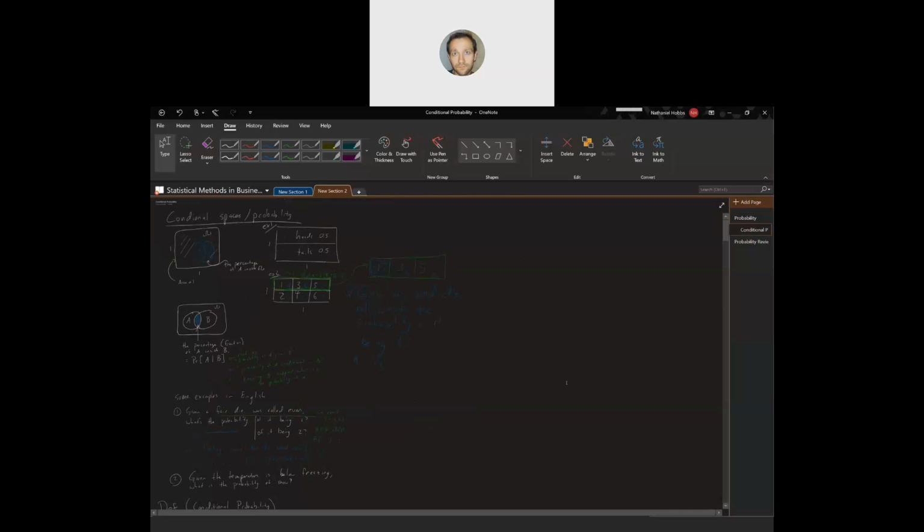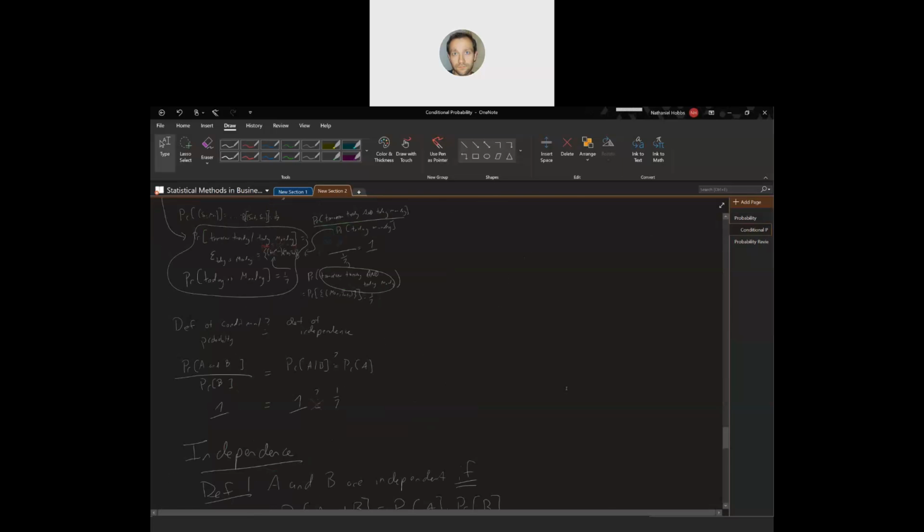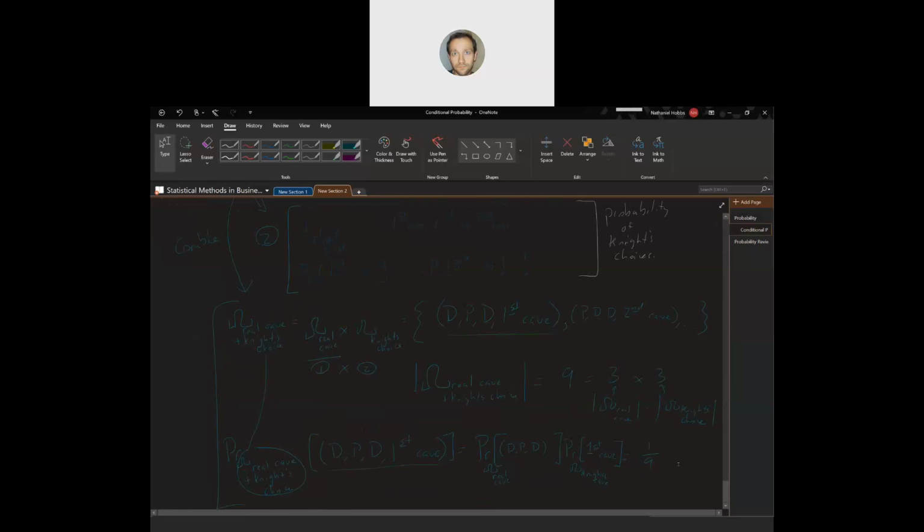So here we have an outcome, a single outcome in a joint space that is built from 2 other spaces.